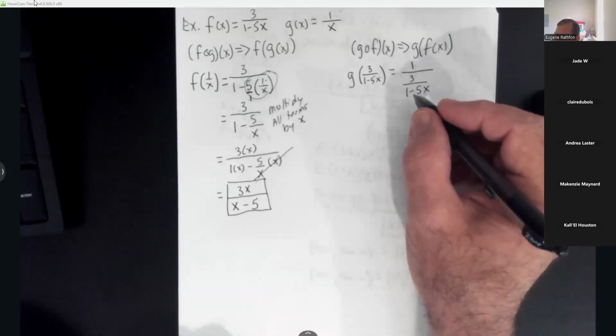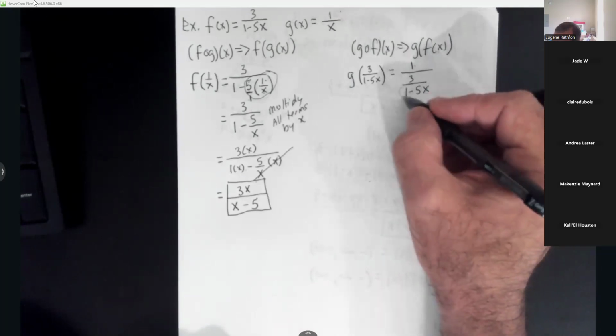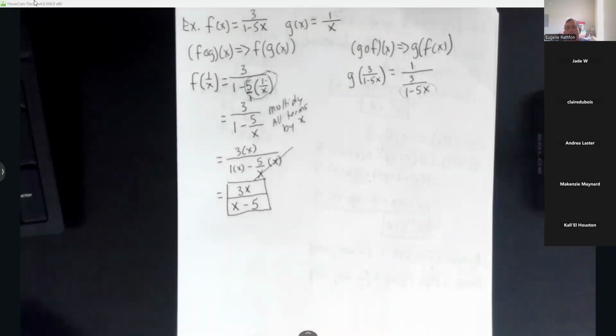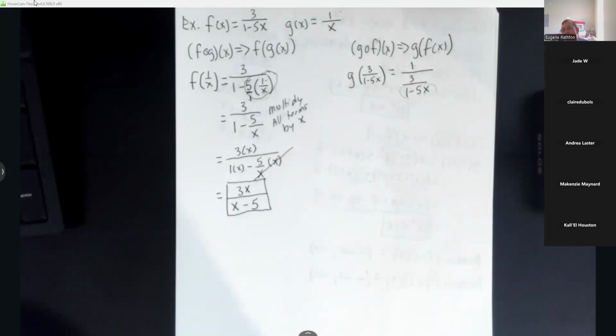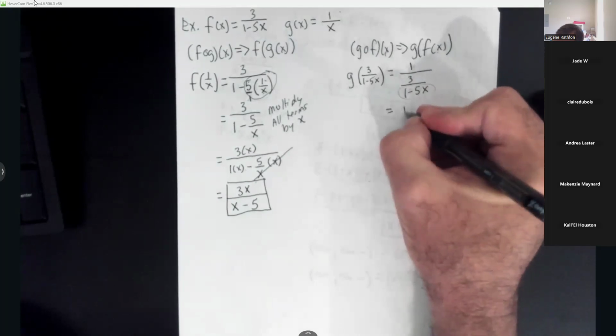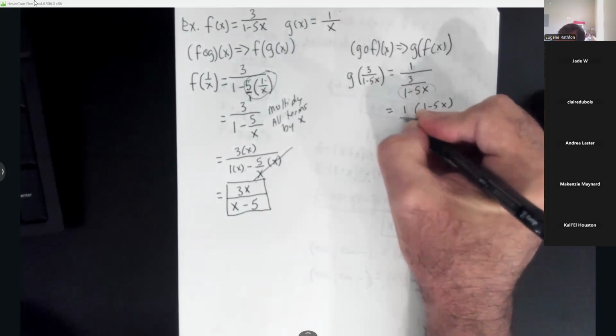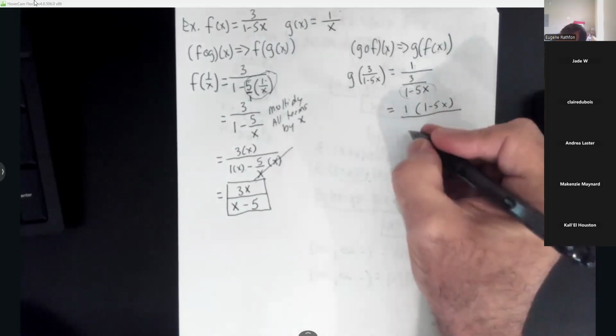To do this one, I'm going to multiply the top and bottom by the 1 minus 5x. You want to get rid of the denominator of the littler fraction by multiplying by what's in that denominator. So that gives me 1 on top times 1 minus 5x, because what I do to the bottom, I do to the top.